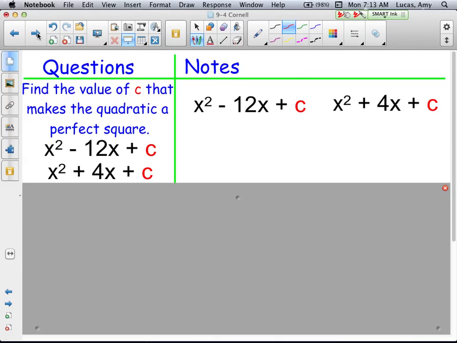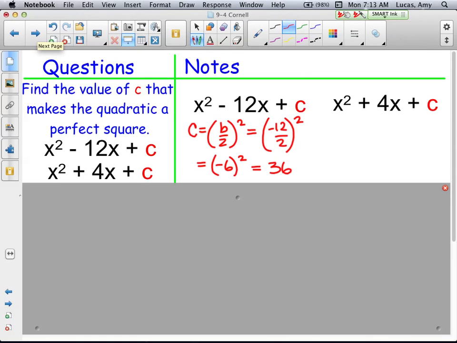Okay, so first we're going to practice just finding that value of c that makes the quadratic a perfect square. So c equals b divided by 2 squared. My first one would be negative 12 divided by 2 squared. Negative 12 divided by 2 is negative 6. Negative 6 squared is 36.